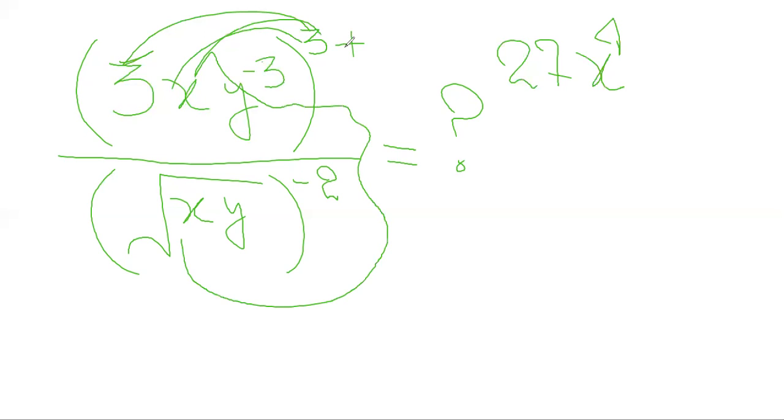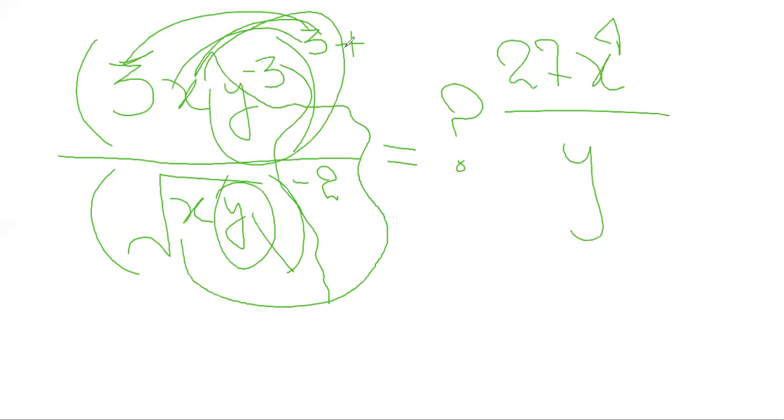Then coming to the y. Here we have minus 9, and here we have only minus 1. So this minus 1 is coming down, so this will become 8. So y will become 8. Am I right?